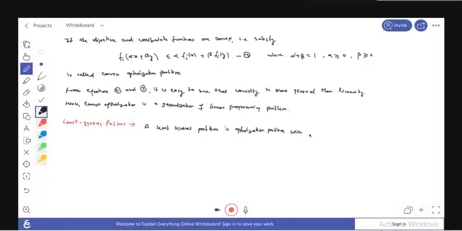With no constraints, this means m equals zero basically.